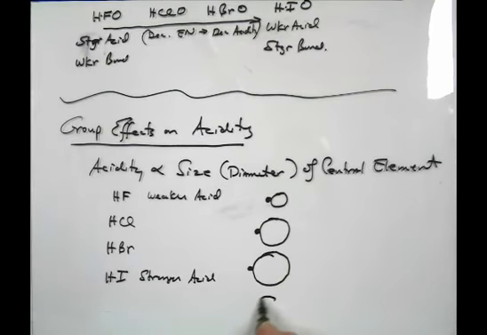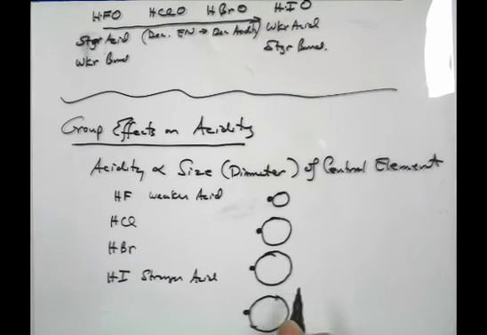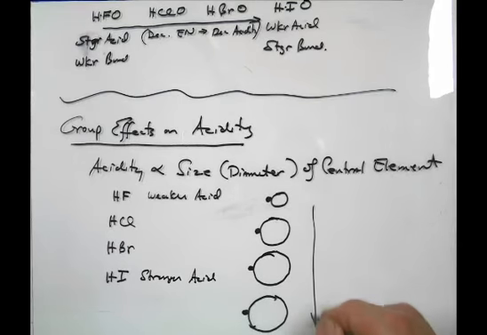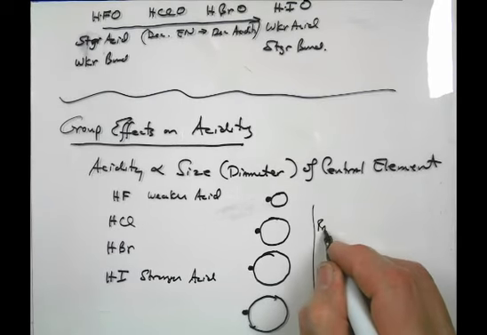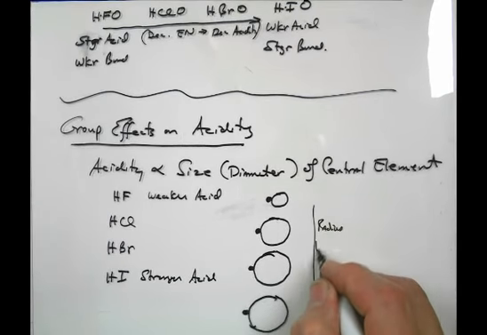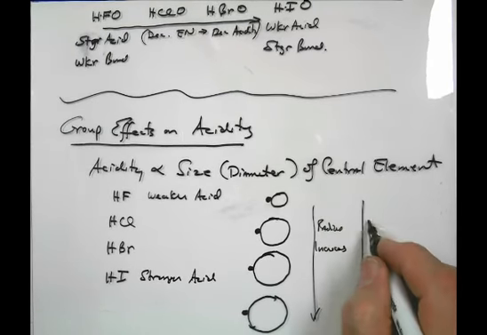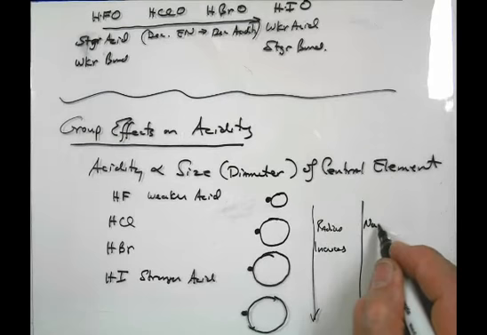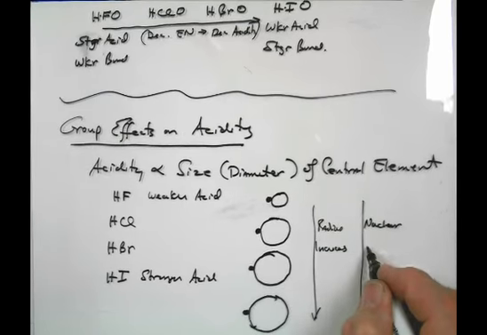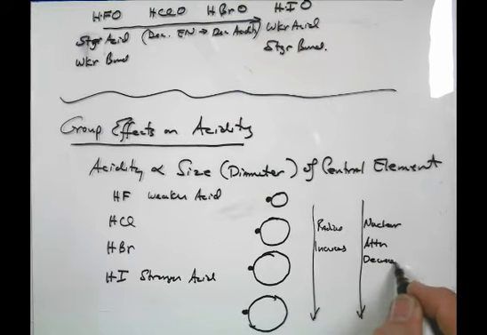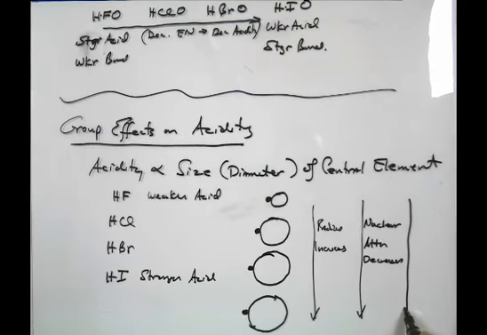And here is the iodide, way out here. So as you go down, the radius increases. Nuclear attraction decreases. And acidity increases.